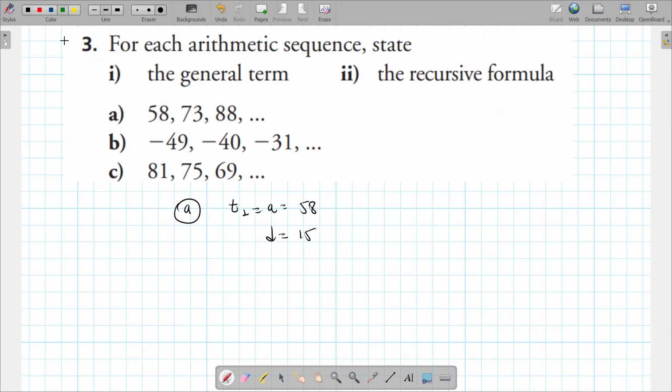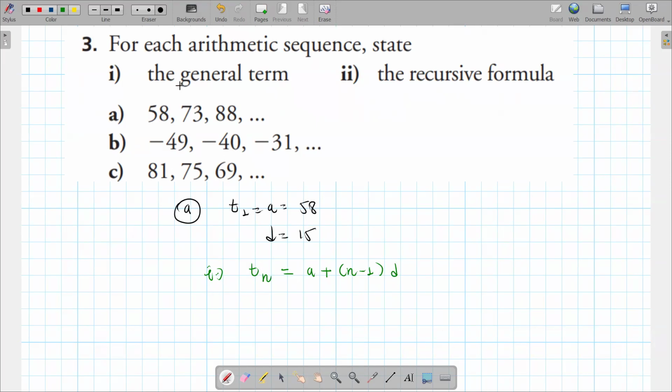Now there's two ways you can put this into a mathematical notation. The first is called the general term. The second is called the recursive formula. The general term for an arithmetic sequence looks like this. Tn, that means the nth term, is equal to a plus n minus 1 times d.